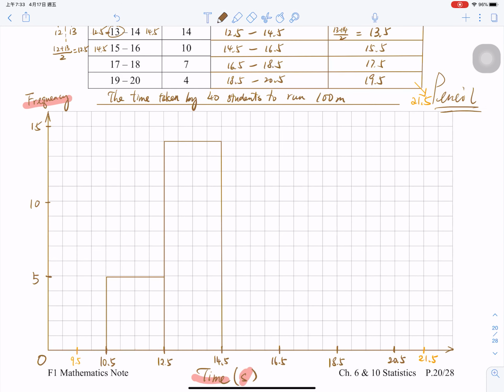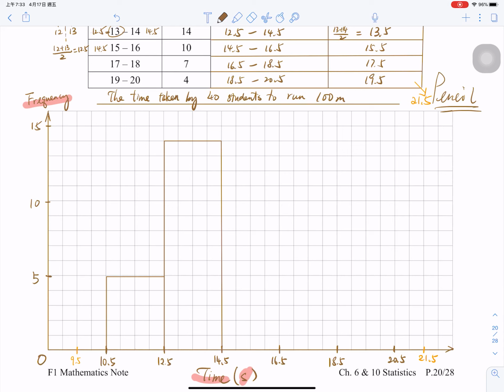Next class, 14.5 to 16.5. Frequency is 10. So 10 here. That's 4 units. Okay, and next class, frequency is 7. 7, that means from here.